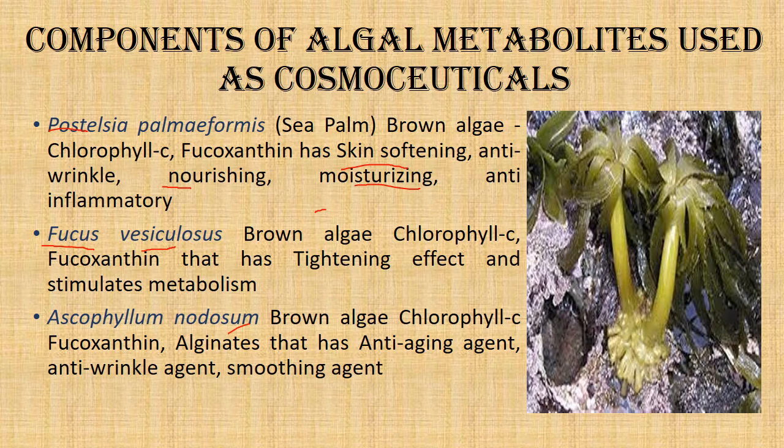Postelsia palmiformis, commonly known as sea palm. This brown algae is very unusual, because it is the only kelp found growing erect even under low tide conditions, which is quite unusual for other kelps.